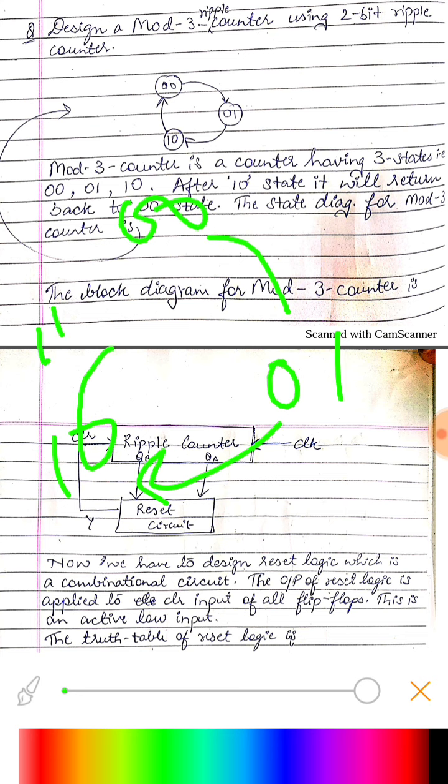So if I am using 2 bits, then it can count from 0 to 3, that is, it is a mod 4 counter. It can count 4 possible values of this combination of bits, but if I need to count only up to 2, that is 0 to 2, that is a mod 3 counter.